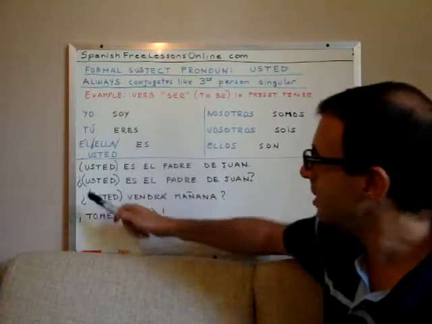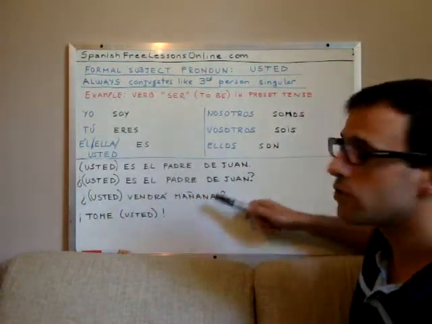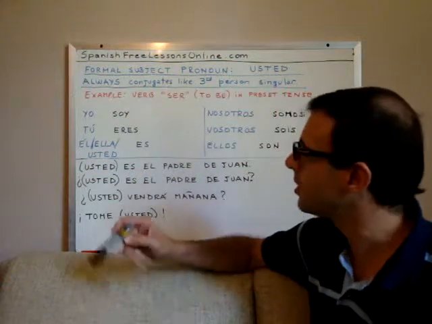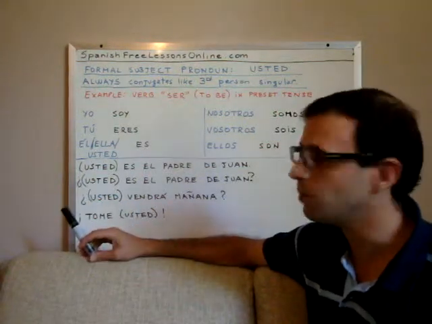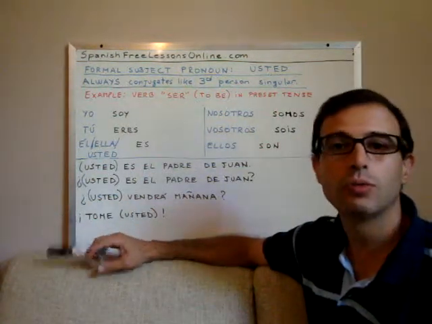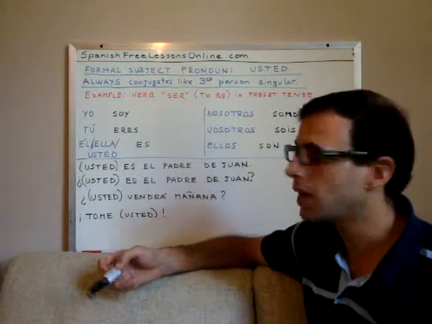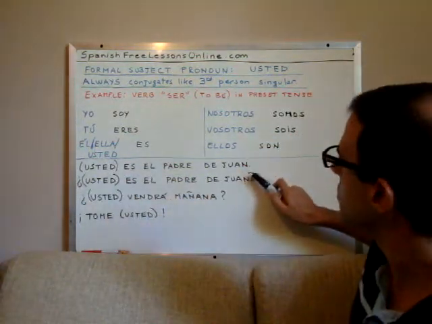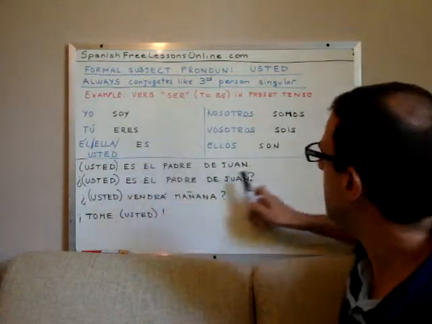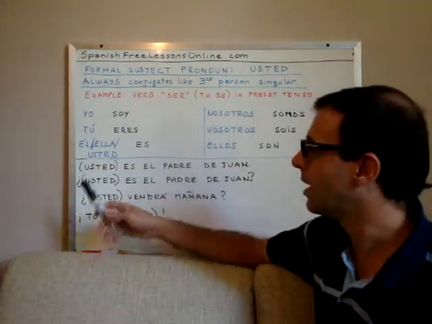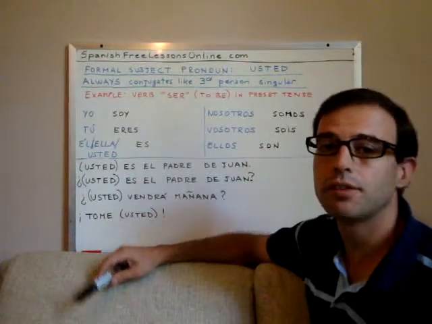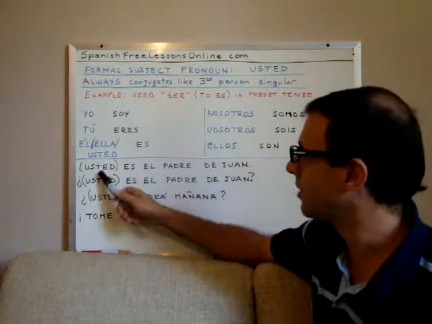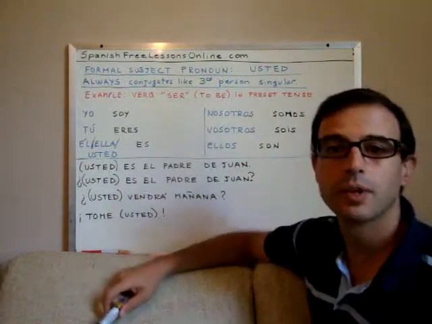And here is a question, the question form in Spanish, and this makes it very easy to learn. To build the question, you can simply add the question symbols at the beginning and the end of an affirmative sentence like this one on top.